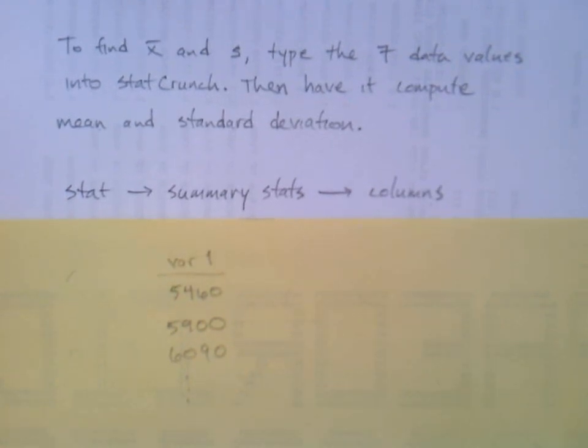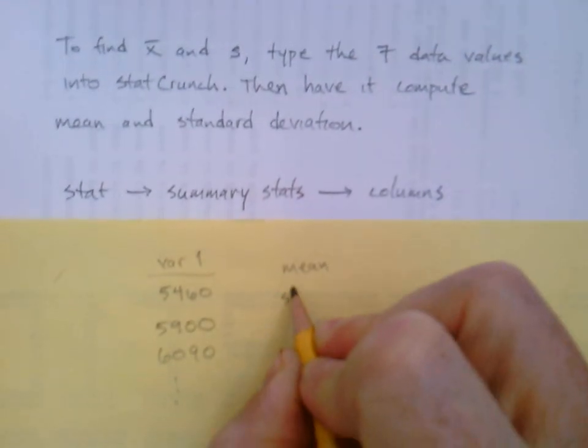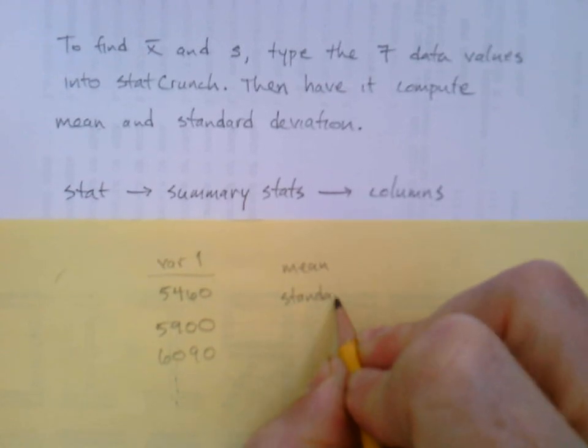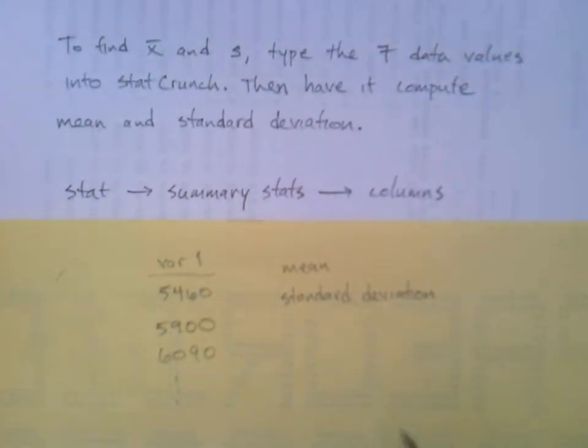And we did this before when you did a previous StatCrunch lab, that very first StatCrunch lab. And then you're going to highlight the mean and the standard deviation. And you can do those at the same time, and it'll tell you both, or you can do these one at a time. Doesn't matter. We just need those values.